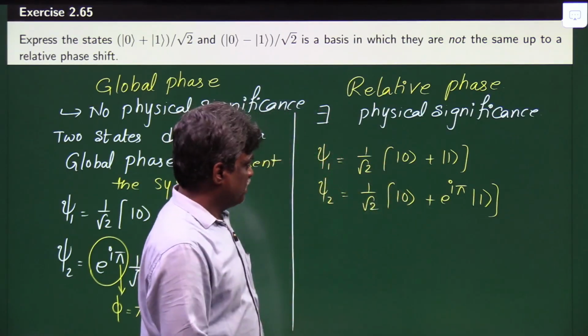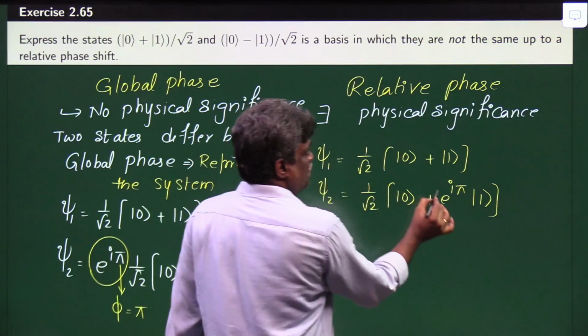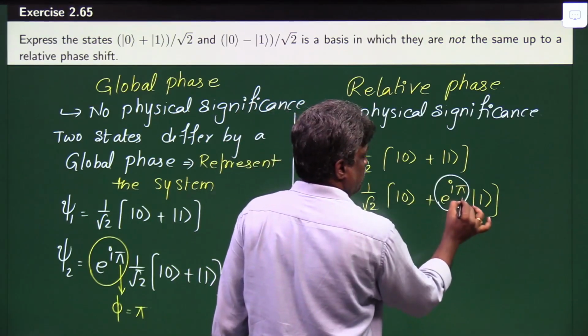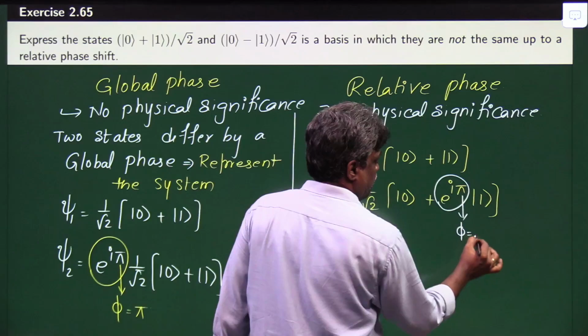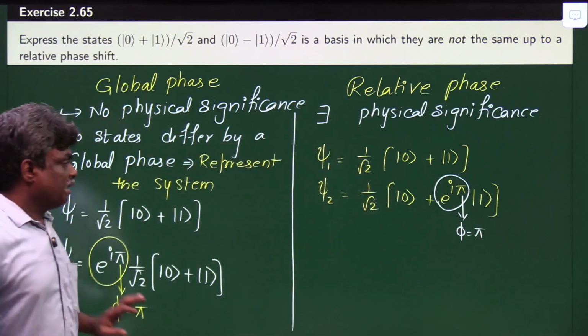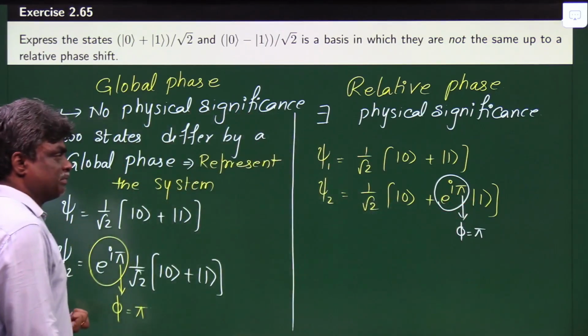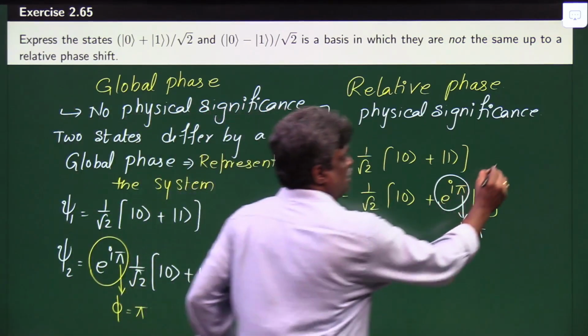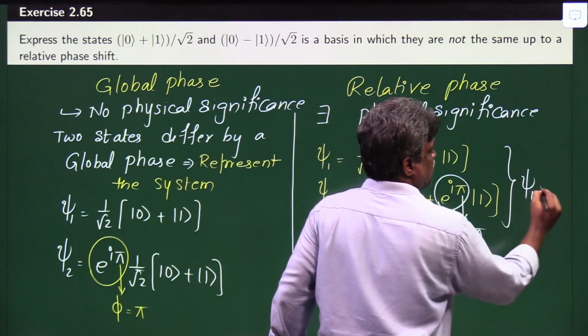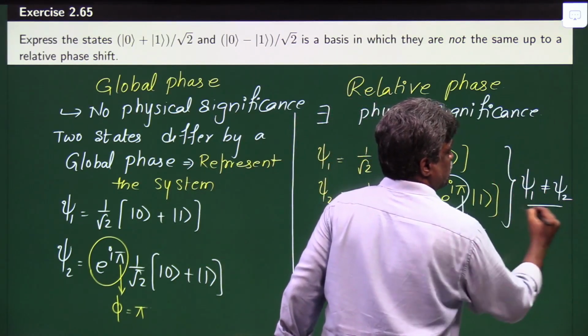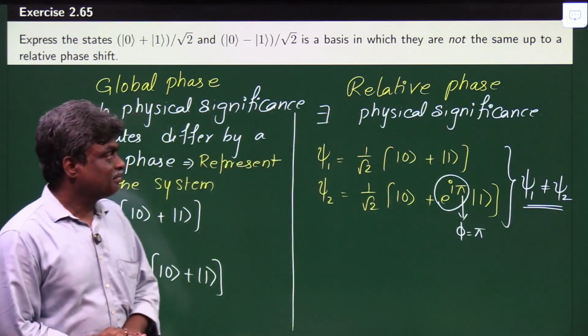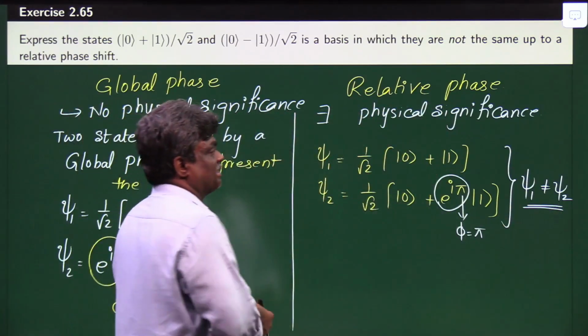Here this is the phase term. The phase is equal to pi, but this is the relative phase, and this is the global phase. So here we can't say psi 1 equals psi 2. Here psi 1 is not equal to psi 2. So that's the difference.